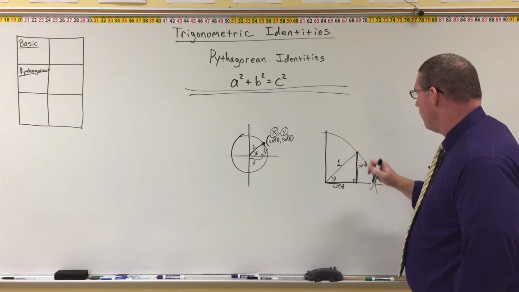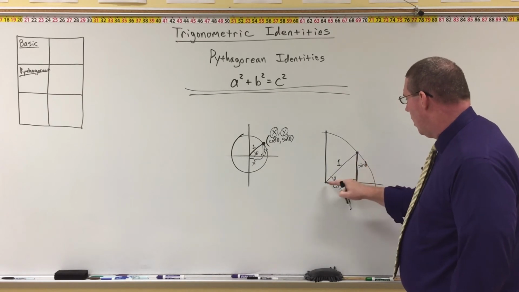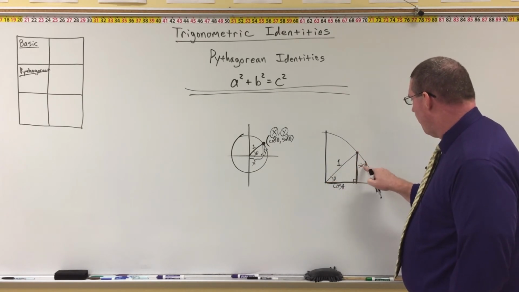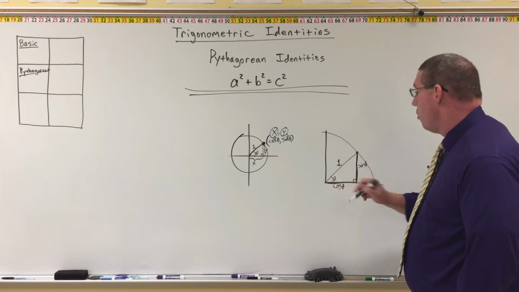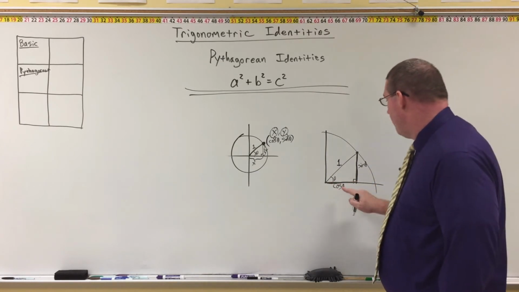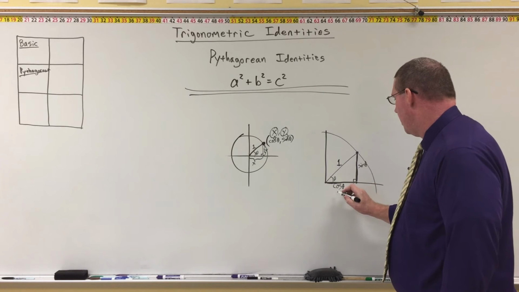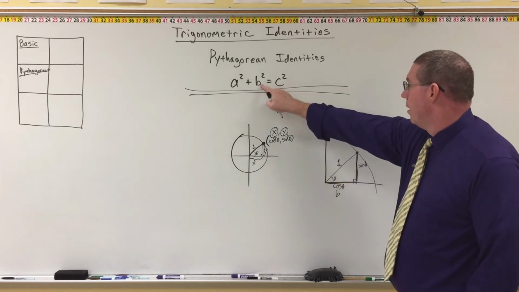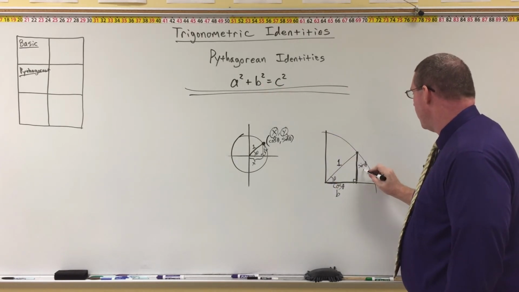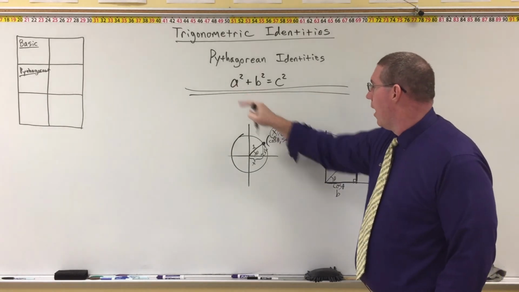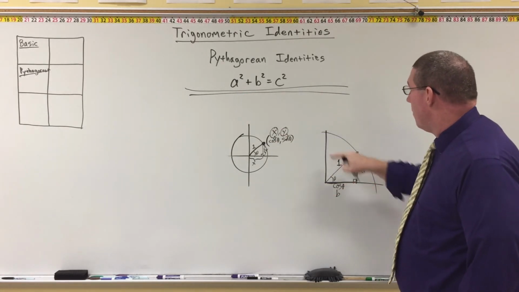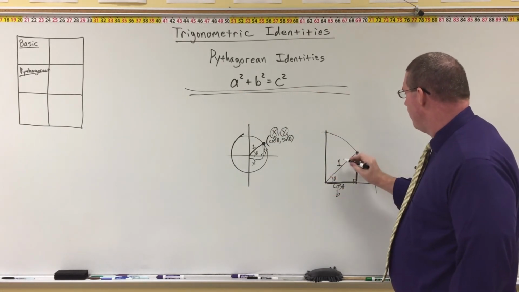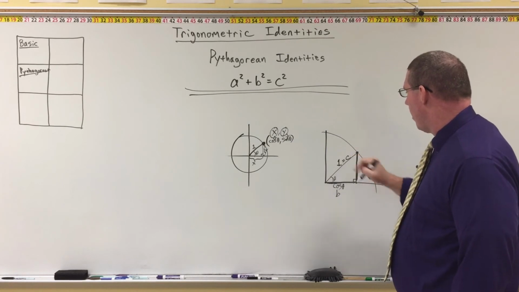We have a height of sine and a base of cosine. And so basically cosine becomes B, one of the legs. Sine becomes A, one of the legs. And the hypotenuse 1 becomes C, right?